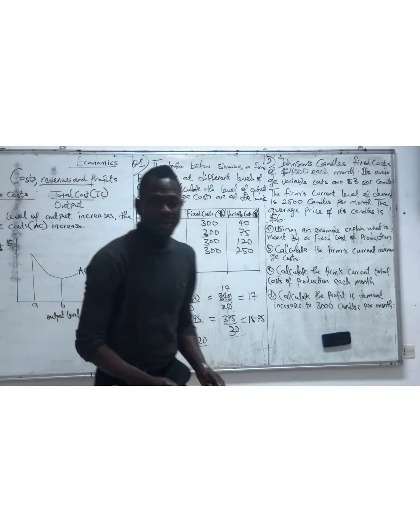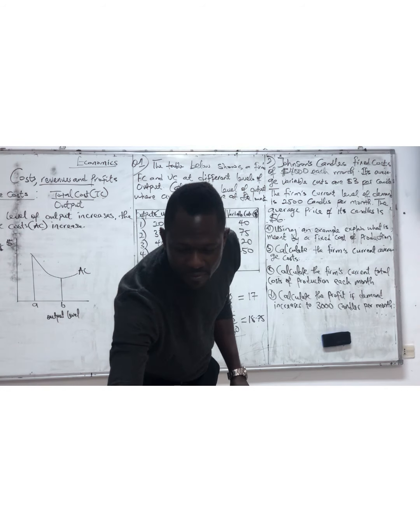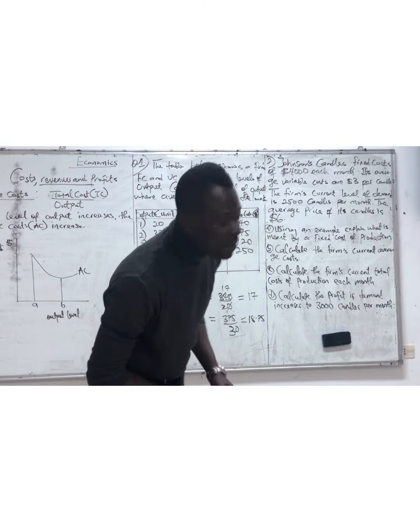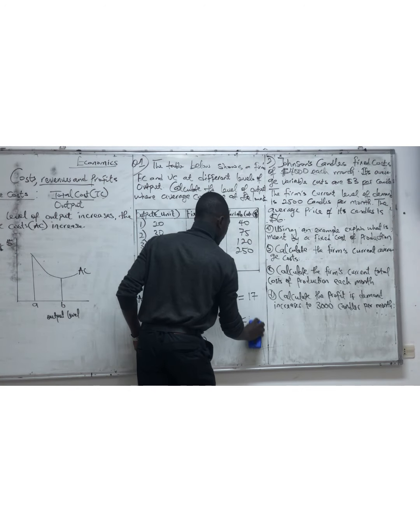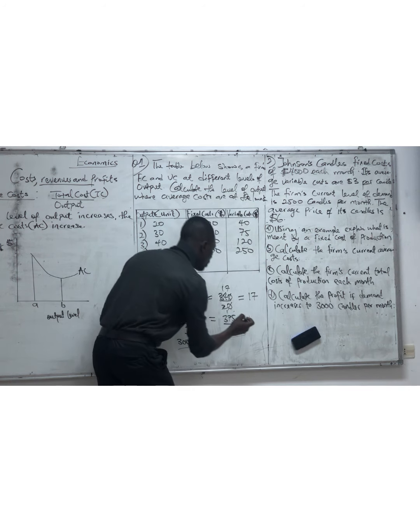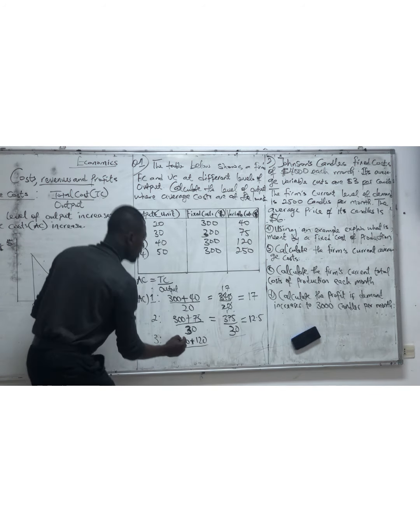So that's 375 divided by 30, which is 12.5. This is 12.5. Then this is 40.